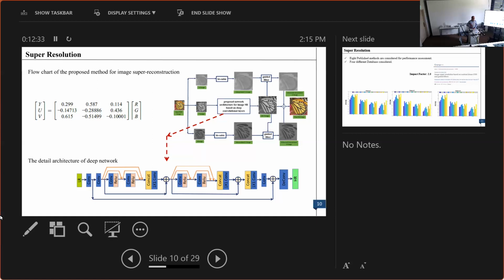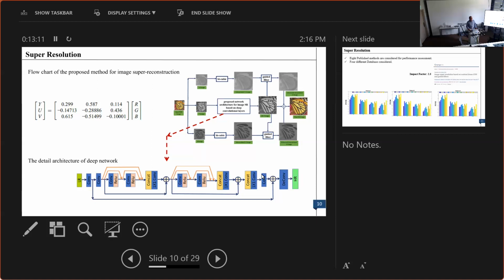So to speed up my algorithm, I utilized the bicubic algorithm, which is very simple, to scale up the U and V channels, and based on deep learning, I can scale up the Y channel. I also used a guided filter to enhance the edges. After scaling up, I can get back the RGB image.